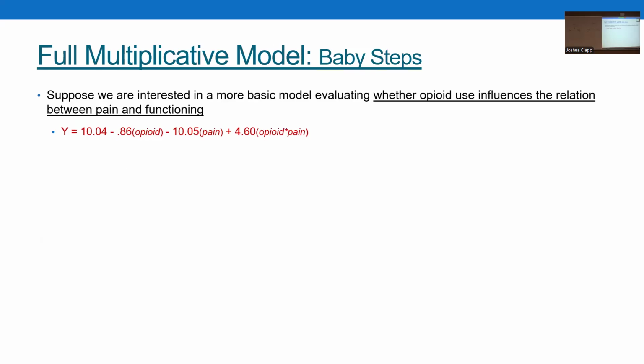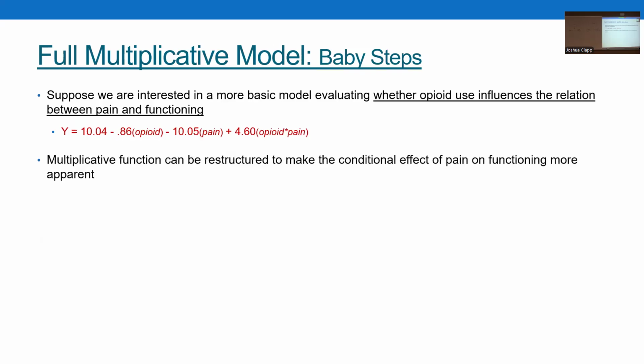So here is our model. Where did we get this model, Cindy? How did we get that? We just ran a regression, pulled in our coefficients. So here's our model based on our statistical output. What we can do is start to make this conditional effect of pain on functioning more apparent.